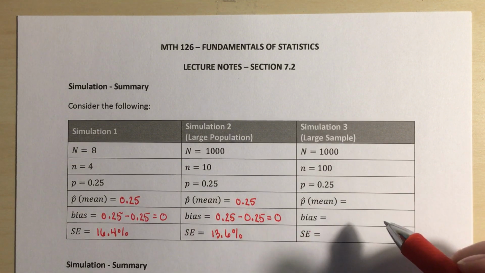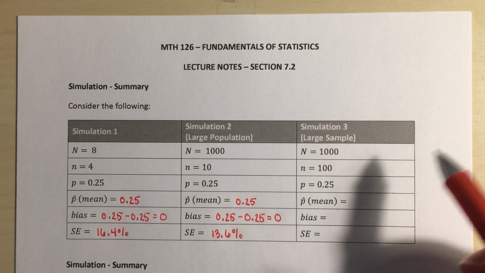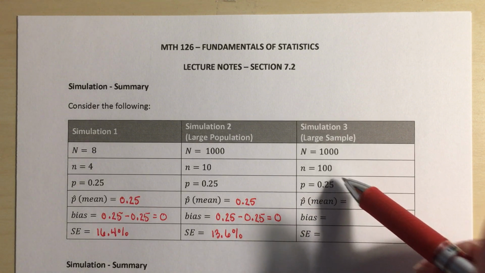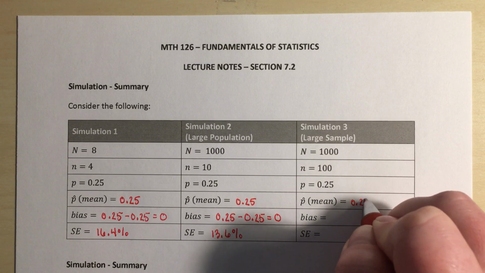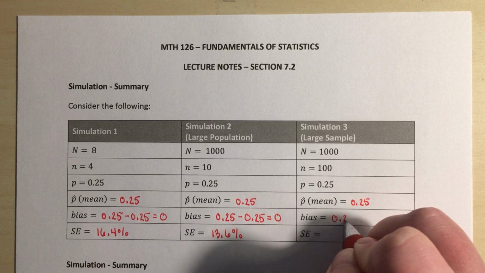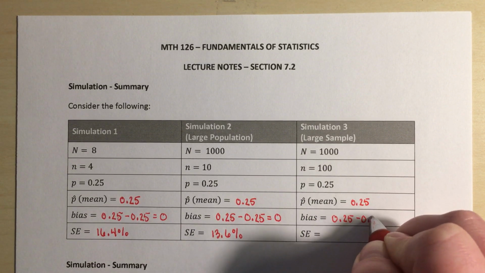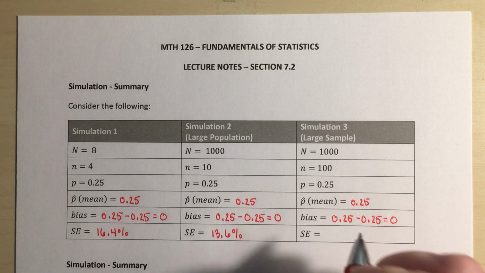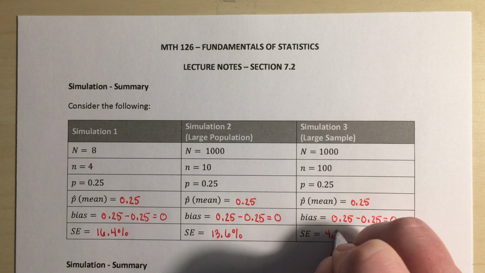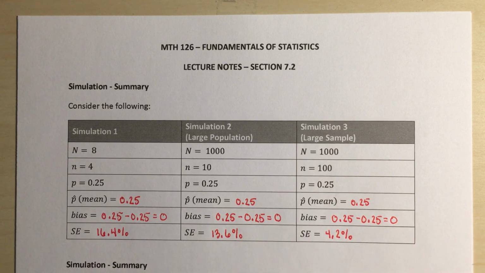And then in our last paragraph, we had a larger population, but we also took a much larger sample. Our mean was still 25%, so all three of these were unbiased. And this time our standard error shrunk considerably to 4.2%.